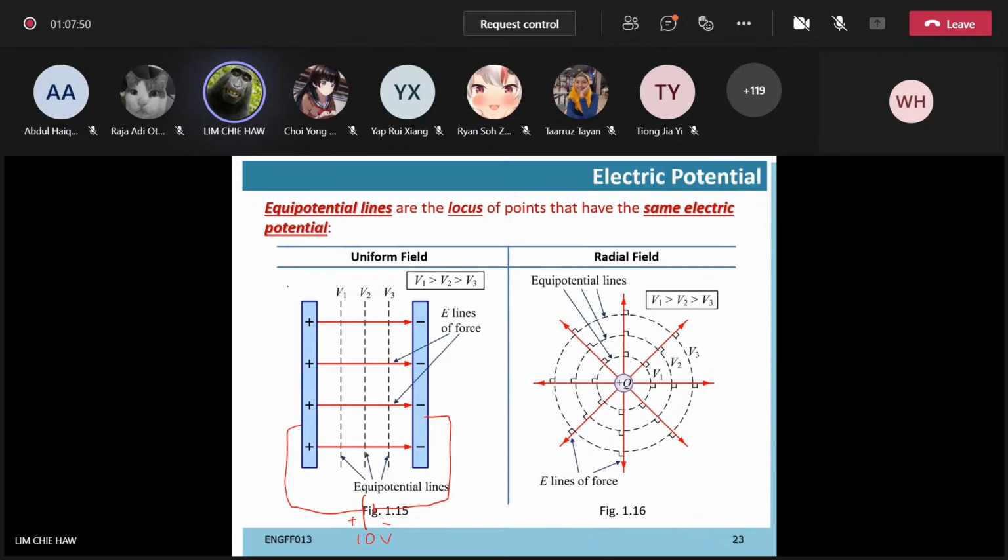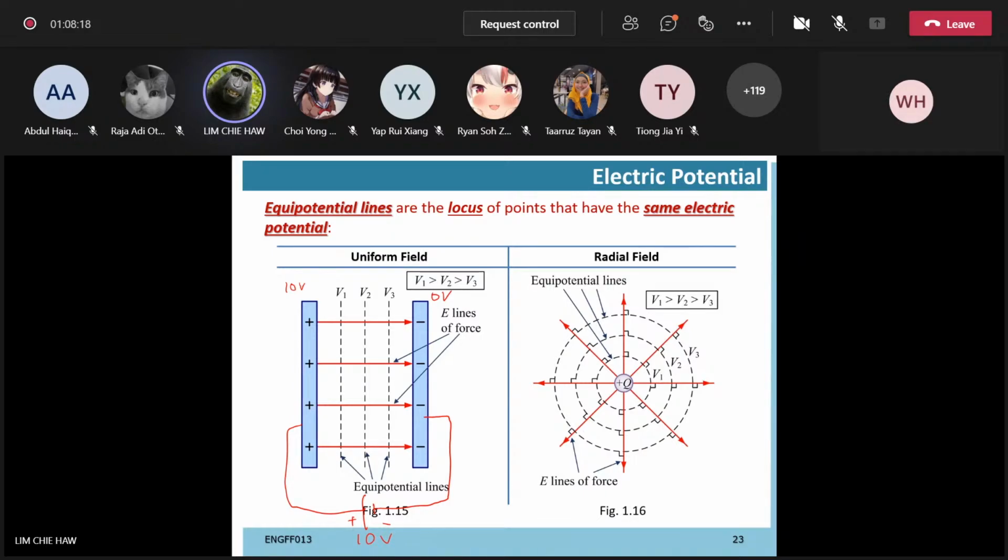Therefore, the positive plate holds a voltage of 10 volts, and the negative plate holds 0 volts. If you move from the positive plate towards the negative plate, the electric potential is reducing.